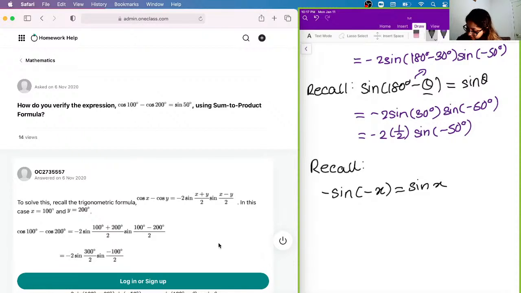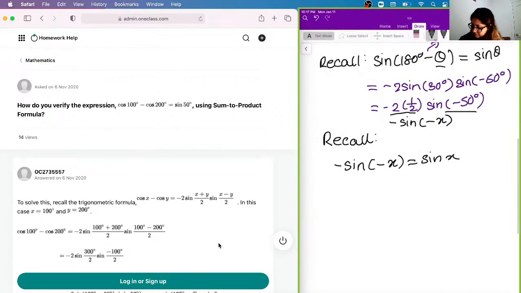So this right here resembles negative sine of negative x, and it is equal to sine of x, so that would be sine of 50.